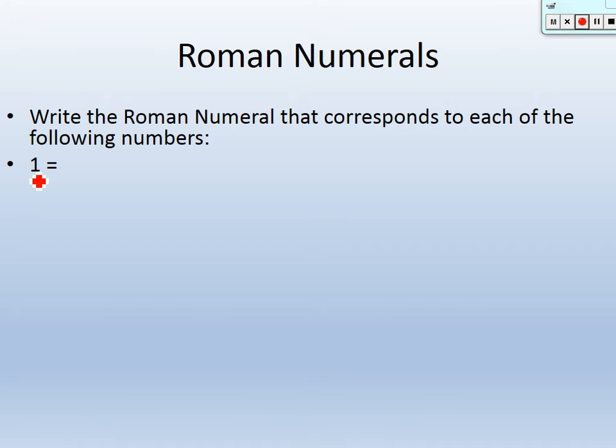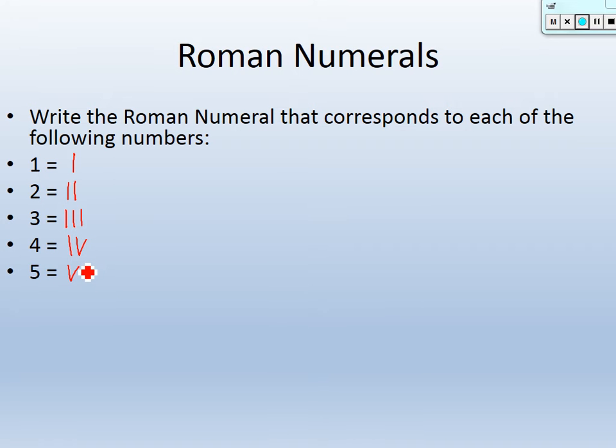If you wanted to write the Roman numeral for 1, what would it be? An I. What is it for 2? It's 2 I's. And 3? 3 I's. 4? It's IV. And number 5? It's just a V.